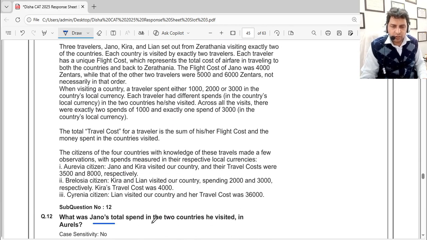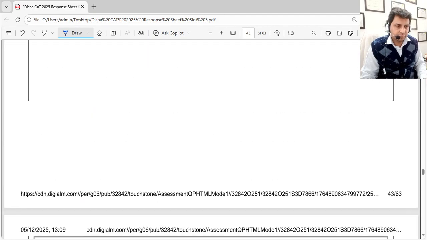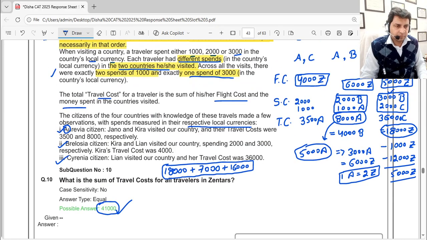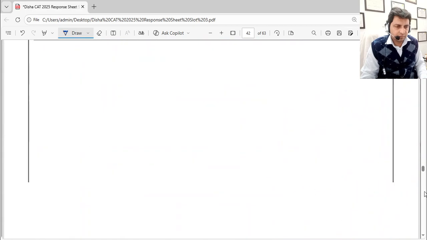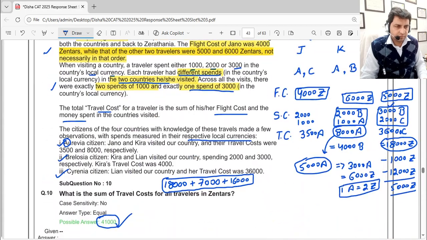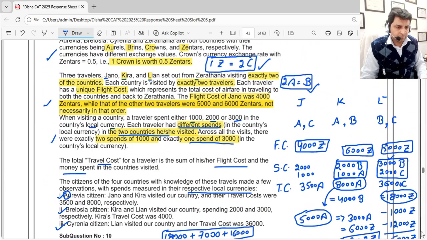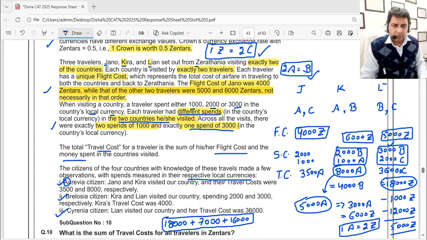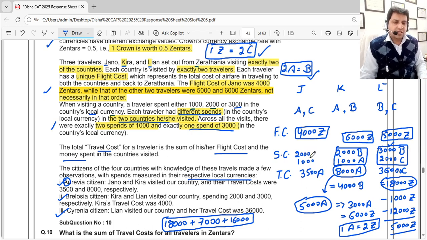What was Jano's total spend in the two countries he visited, in A currency of Jano's? Now Jano's total spend is going to be, now this currency we are not aware right now, so we have to find it out first.